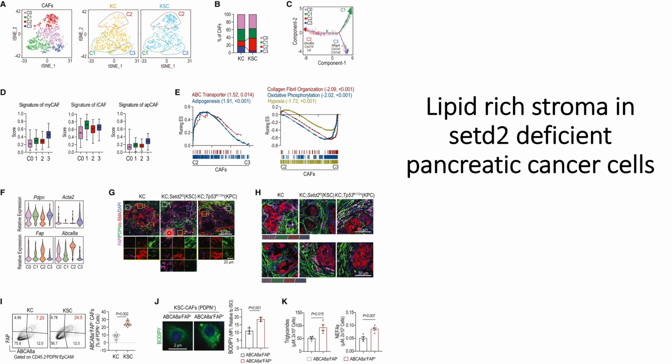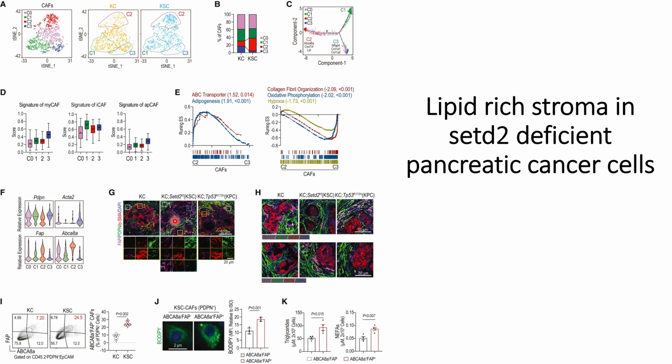Also, when they checked the FAP expressed in the KSC, they found that its expression is closely in line with the pancreatic tumor cell marker PDPN. So this indicates that FAP might be the marker for the lipid-rich stroma around the pancreatic tumor cells, and FAP is also overexpressed by the C2 cluster.